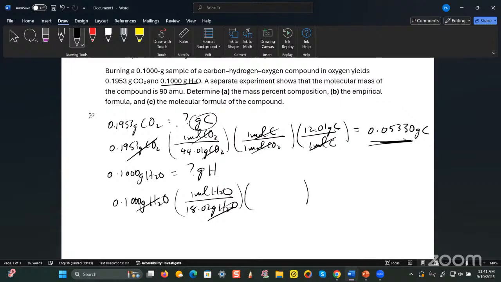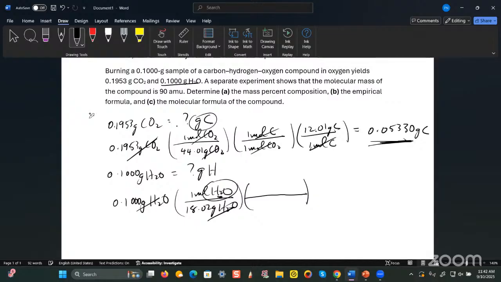Now for the next conversion factor, let me warn you that students learning this for the first time especially make a usual mistake right here. If you look at the formula here for water, right? What this suggests is that 1 mole of water will contain 2 moles of hydrogen, right?